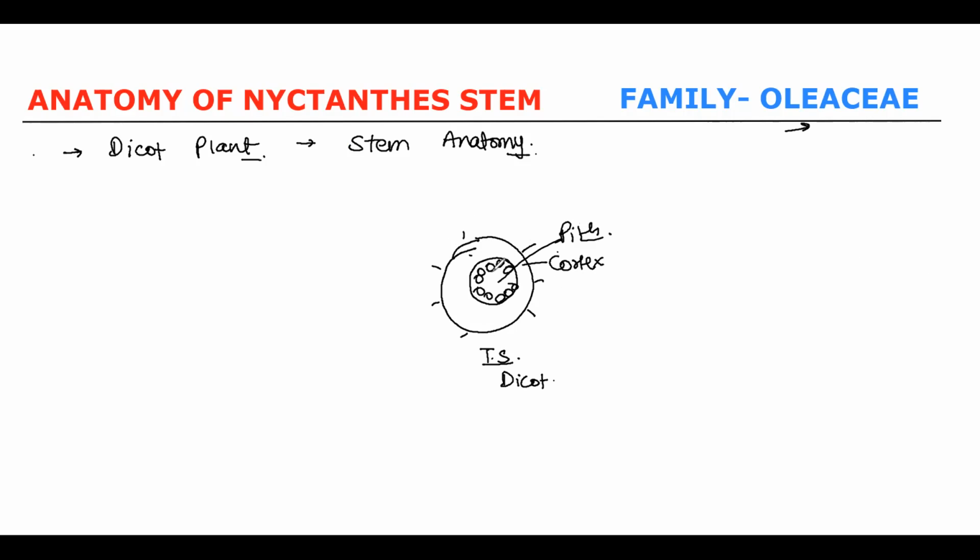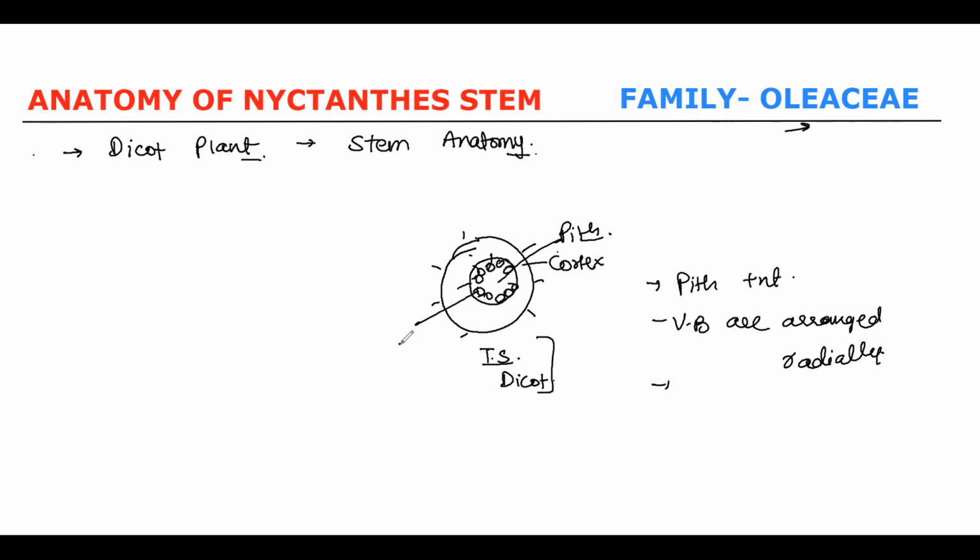So the common identification point in a typical dicot stem is the presence of pith. The pith is present. The vascular bundles are arranged radially. Radially arranged होते हैं. Second thing, in a single vascular bundle like this, towards the center is the xylem.